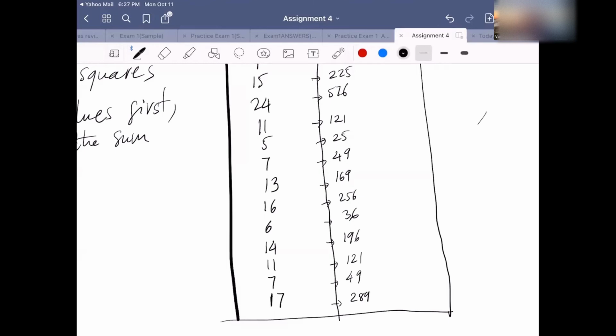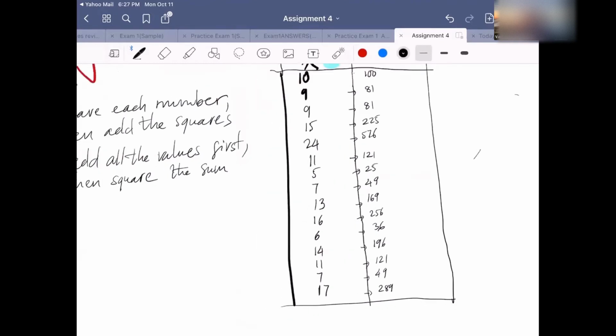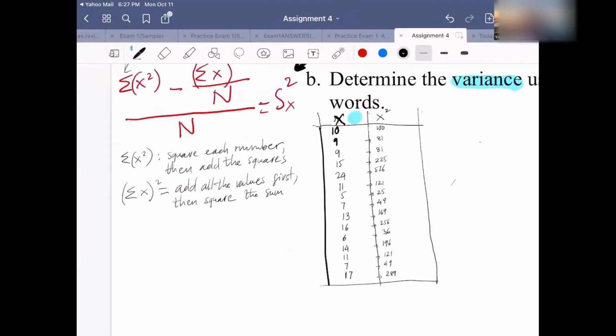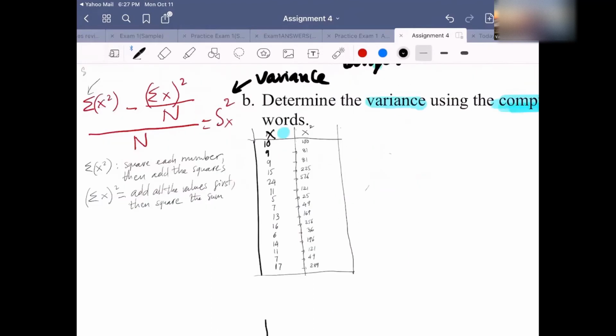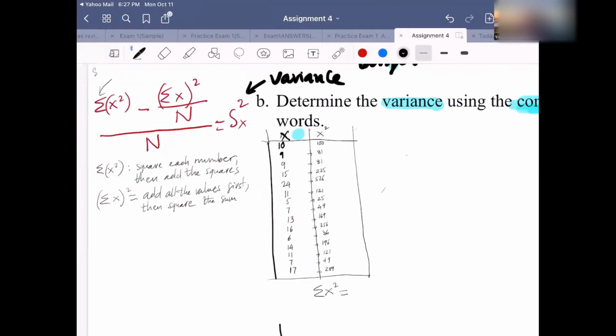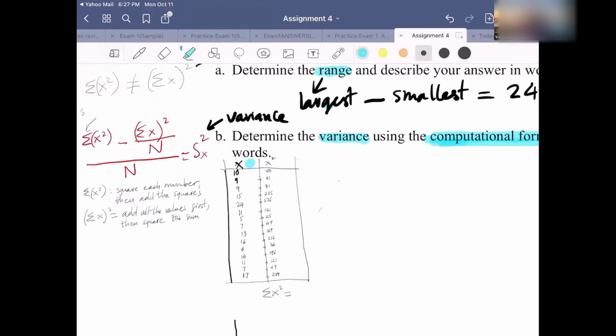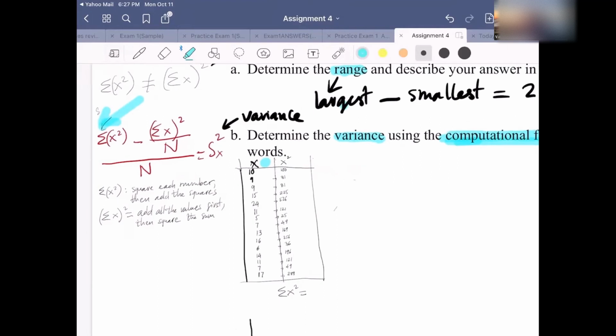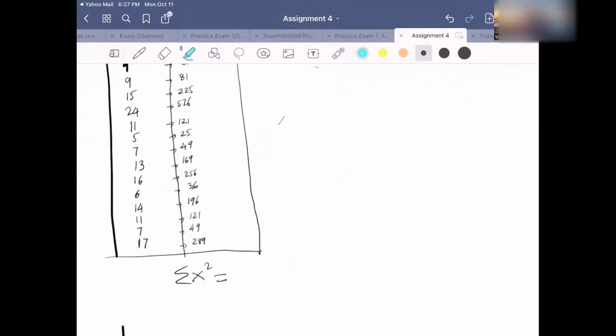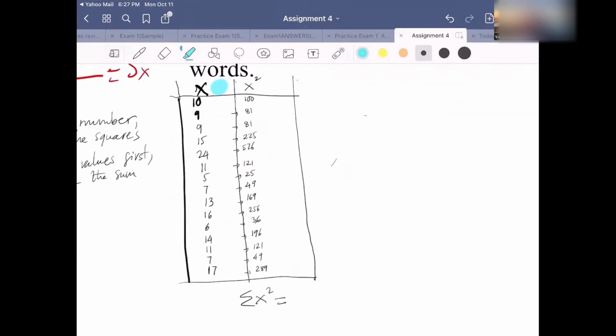So you have to square each of those values. And now you have to find, I'm going to let you guys try it first. What is the sum of the x squared? All right, go ahead and try it first for me. Now you have to find the first one here, everyone. This is the sum of the x squared. So I'm going to write it over here. What is the sum of the x squared?